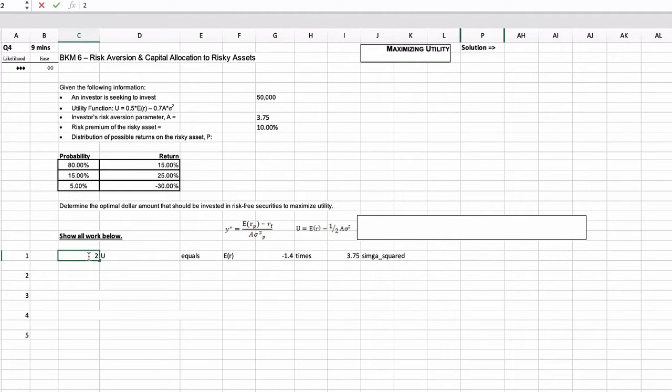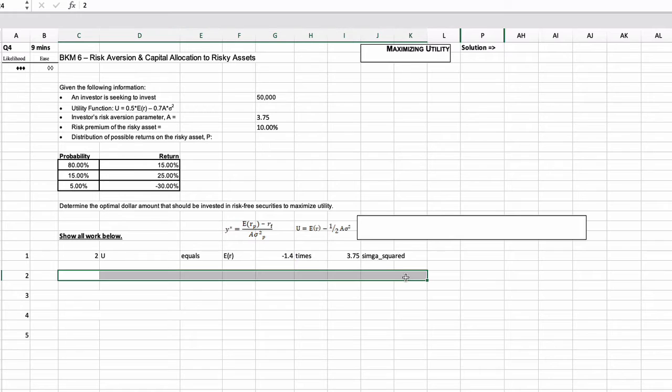I put individual numbers in its own cell so that we could use those numbers later in cell formula elsewhere.